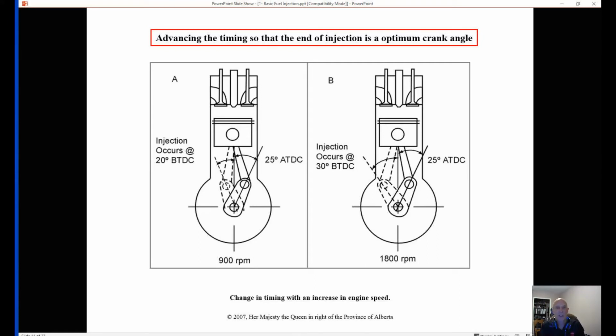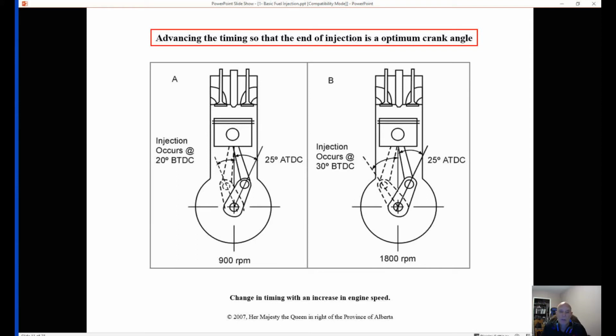So instead of finishing at 25 degrees, we might finish at 30, 35, 40 degrees after top dead center, and at that point, we've lost the power in that fuel to do anything for the engine. So by advancing the timing, the time that the fuel finishes the burn is always the same. Again, let's say 25 degrees after top dead center.